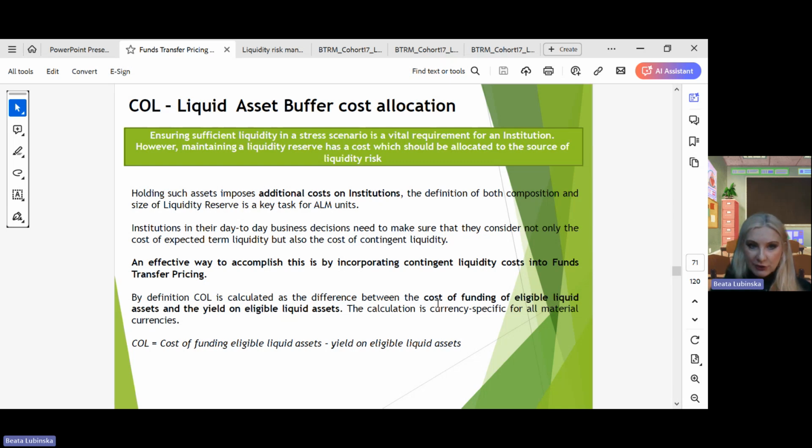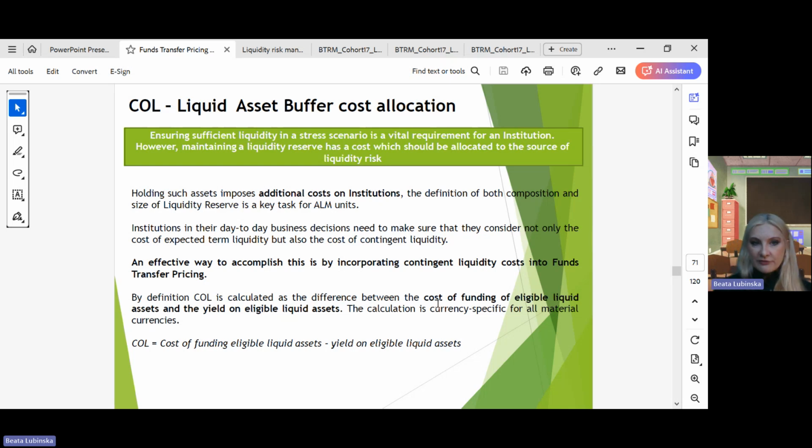And how we calculate, or how we define the cost, it is the difference between the cost of funding of the liquid asset buffer and the remuneration which you have on the liquid asset buffer. Of course, if the cost is higher, you have a negative number, because the cost of funding is higher than the remuneration, and we call it negative cost of carry.